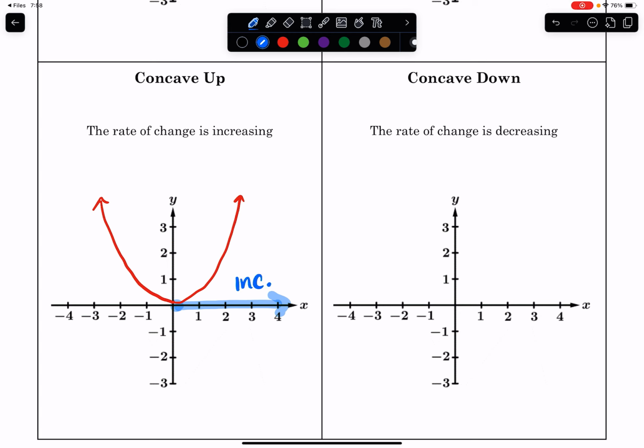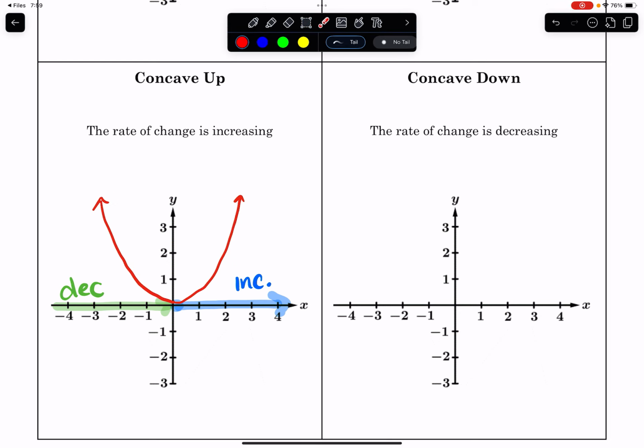It increases in that section, but it's decreasing from negative infinity all the way until you get to 0. It's decreasing in that section, but this thing is always concaving up. This is what concaving up looks like, basically like a U facing upwards.